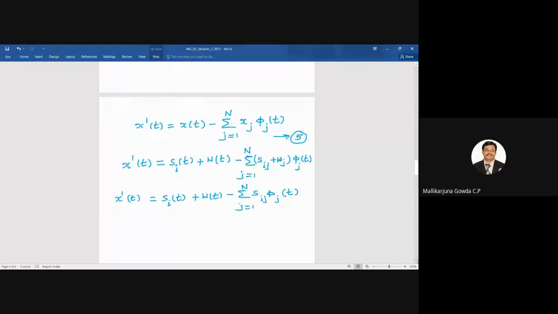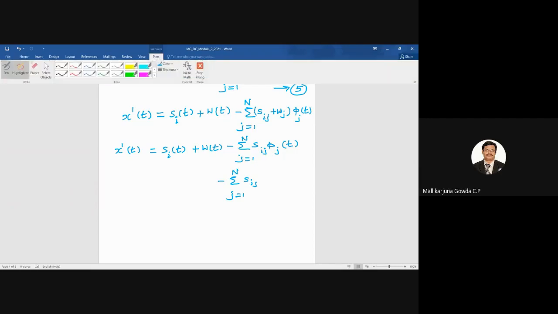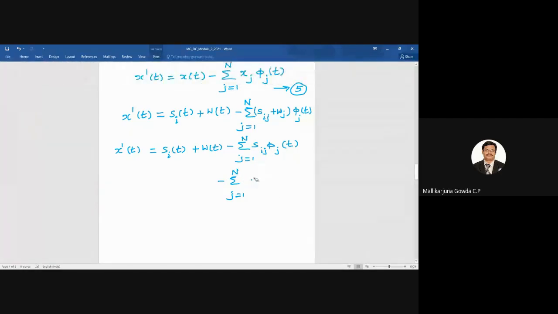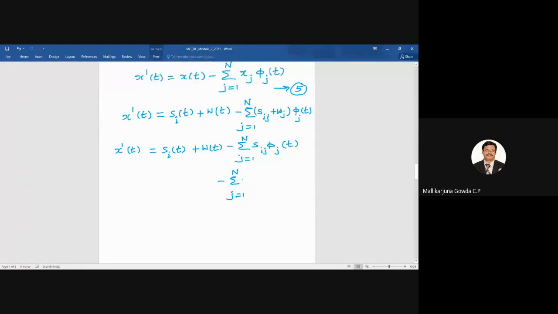Then minus summation j is 1 to n, not sij but wj, then phi j of t. Is this fine?